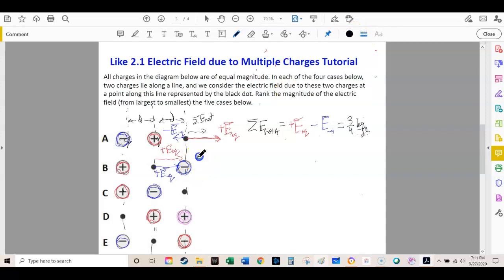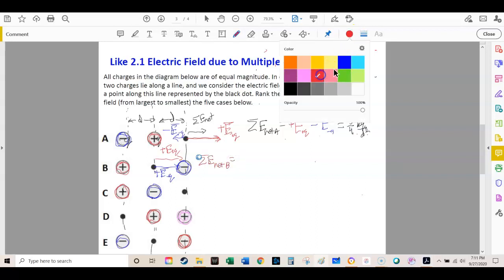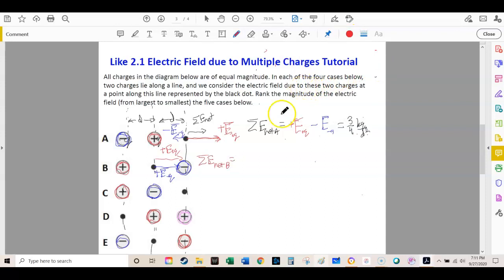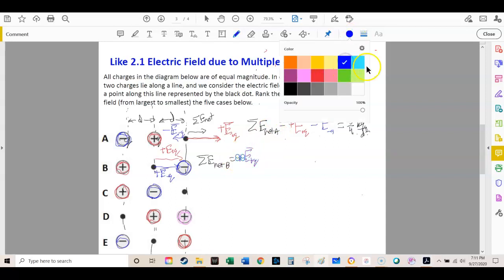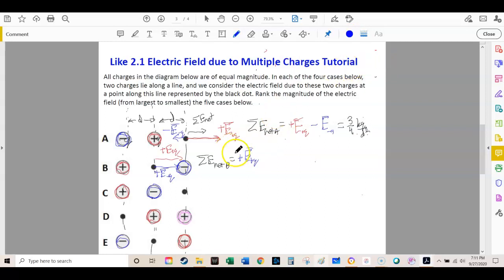All right. So now we're going to sum the electric fields at B, and that is going to be equal to the positive E to the positive Q plus the negative Q's electric field, which is also pointed to the right.